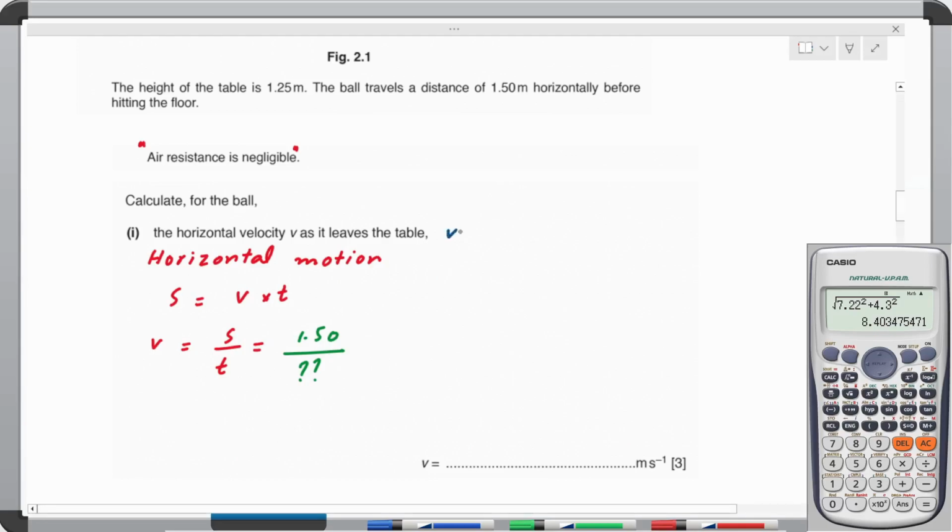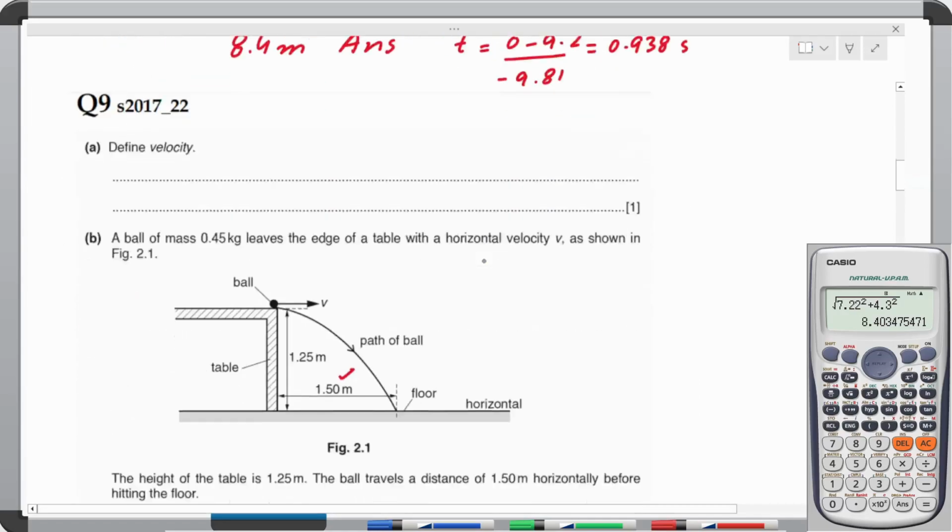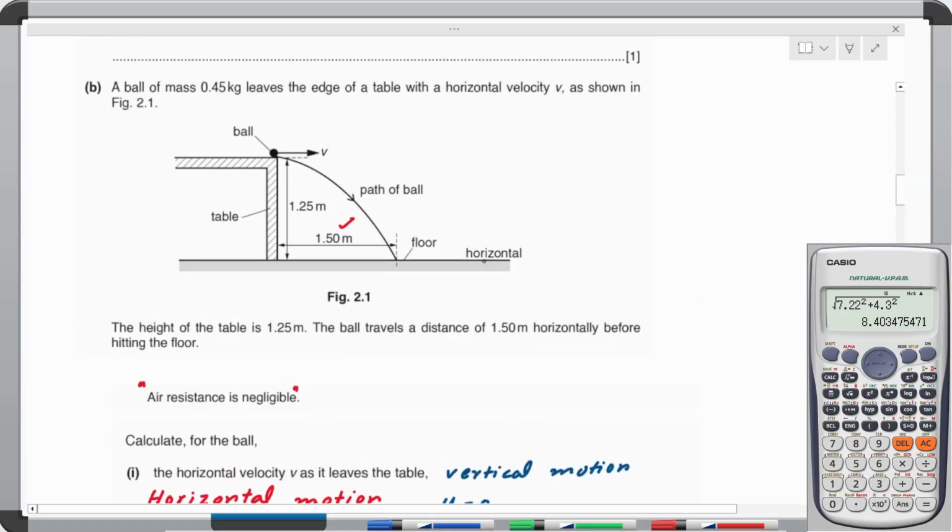So for the vertical motion, if I write down the equation for the vertical motion, the initial vertical velocity is 0. You see, the ball of the mass 0.45 kilogram is launched horizontally. So for a vector that is horizontal, it has no vertical component.